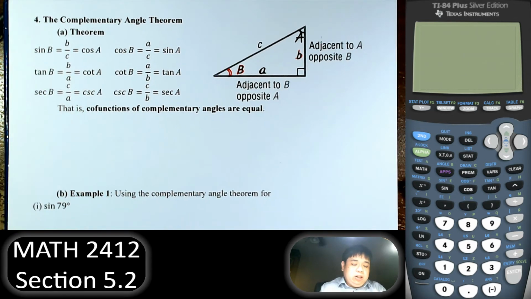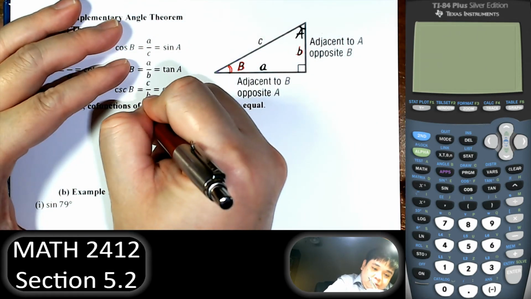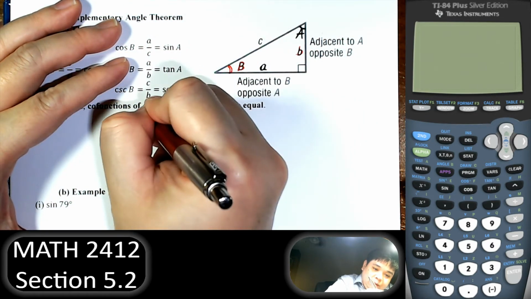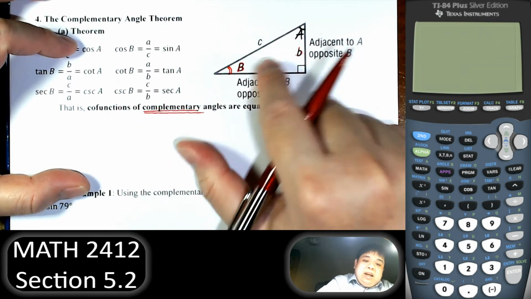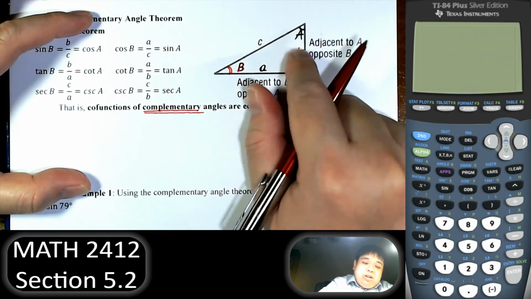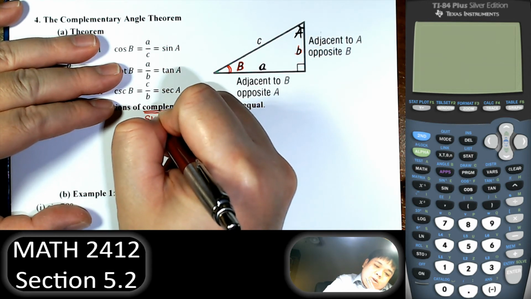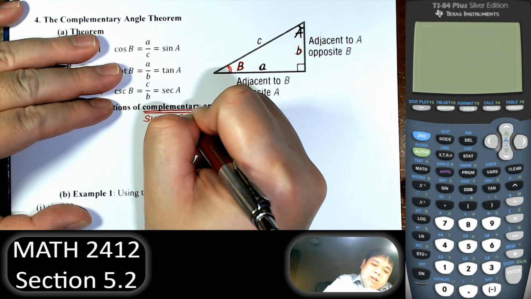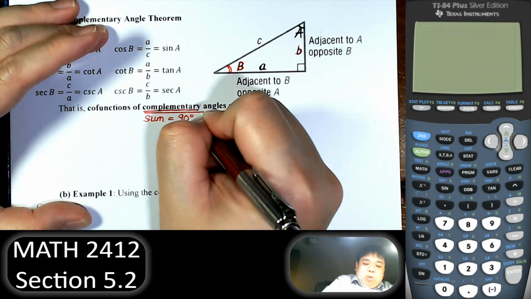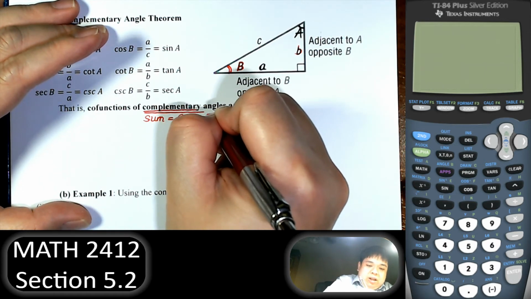By complementary, meaning that if they add up to 90 degrees, complementary meaning the sum is equal to 90 degrees, or in radians, we can say pi over 2 radians.